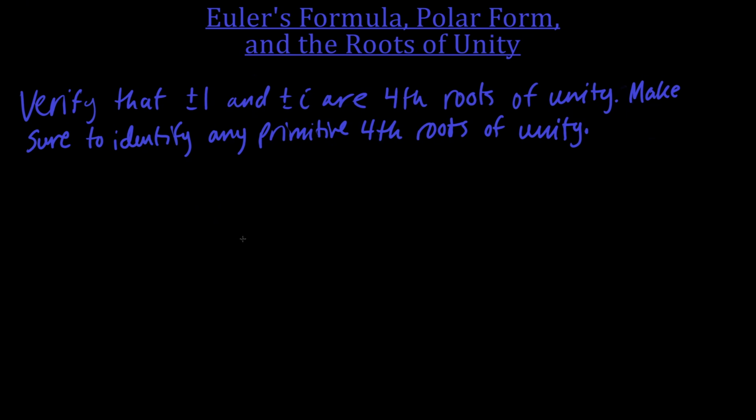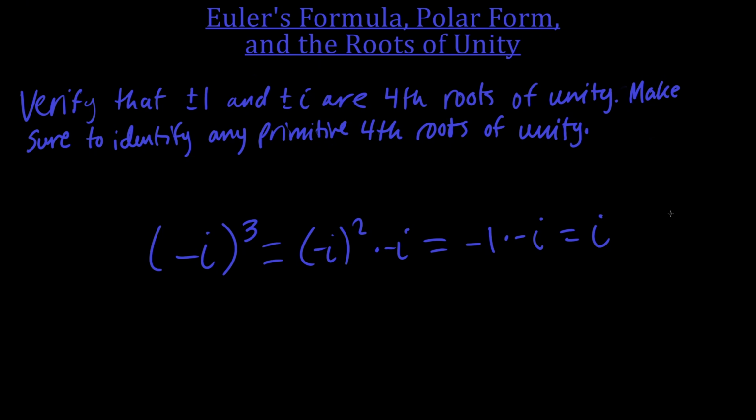Awesome. Now let's check negative I. Well, let's check all of the possibilities again. What is negative I cubed? Well, negative I cubed is negative I squared times negative I. Negative I squared is negative 1, so we have negative 1 times negative I, which is I. I is not 1, so we need to check the other exponents, 2 and 1, to see if it's primitive or not.